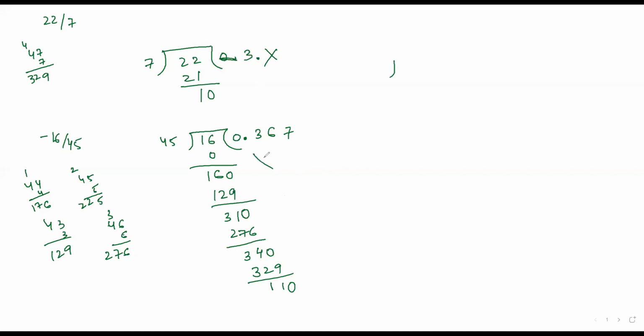I think I have done some mistake. Let's do it again. Yeah, Adil, are you there in the class? Yes. Okay. So 16 divided by 45 I'm doing. So obviously 0 times it will go, right? So I'll get 16, correct?